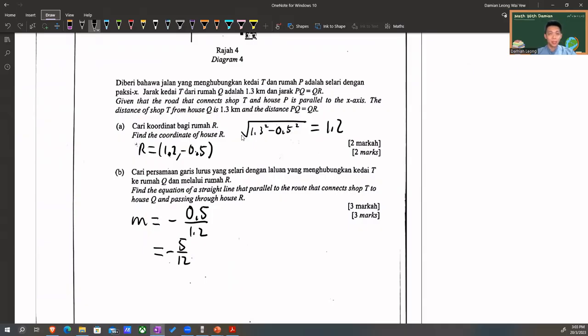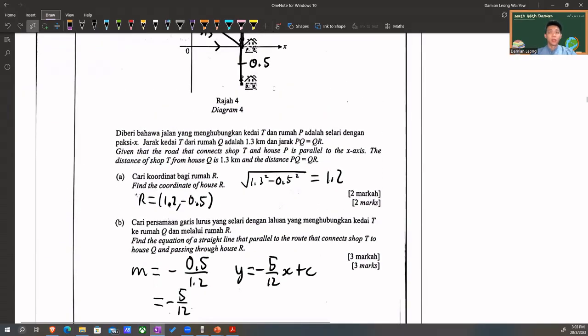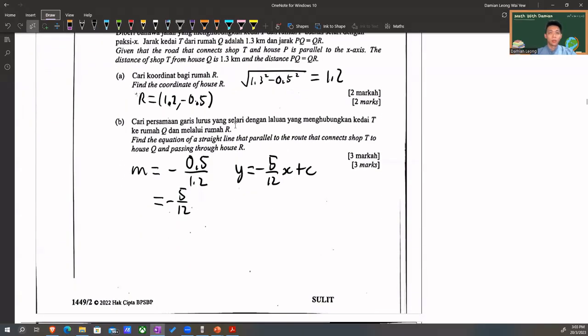I want to find the c. So I know y equals mx plus c. y equals negative 5 over 12 x plus c. So I just need to find the c by substituting point R, because I know it passes through point R. So put in this coordinate, 1.2, negative 0.5. So negative 0.5 equals negative 5 over 12 times 1.2 plus c.